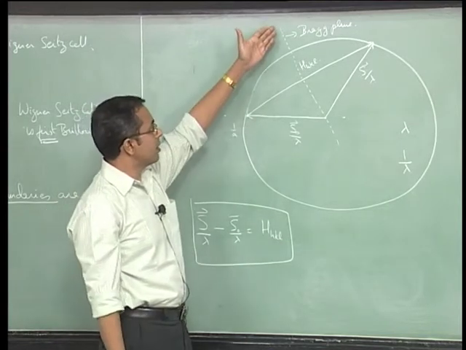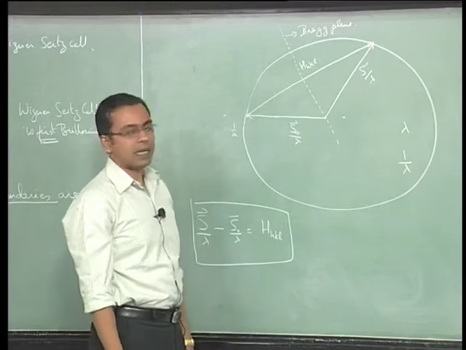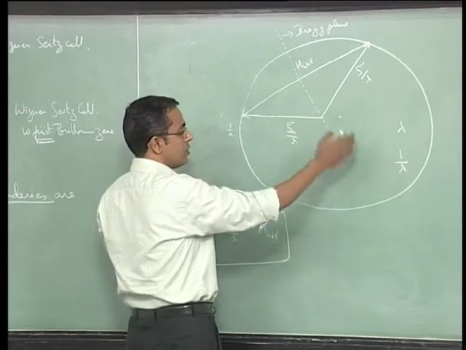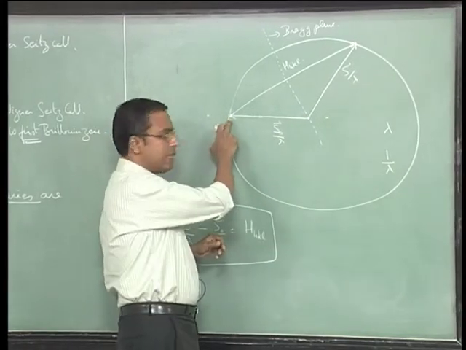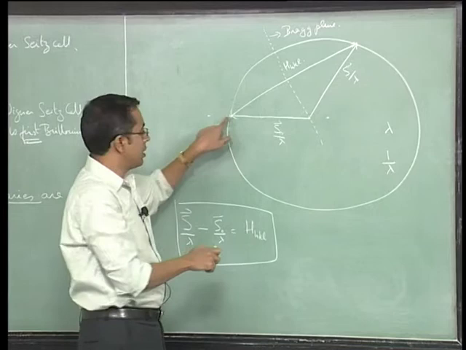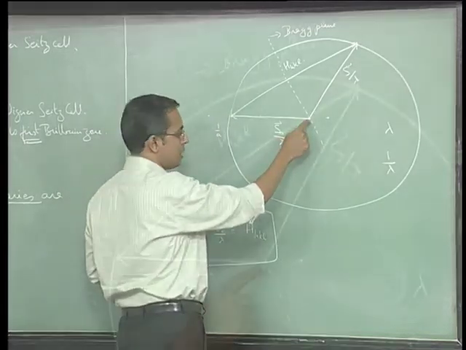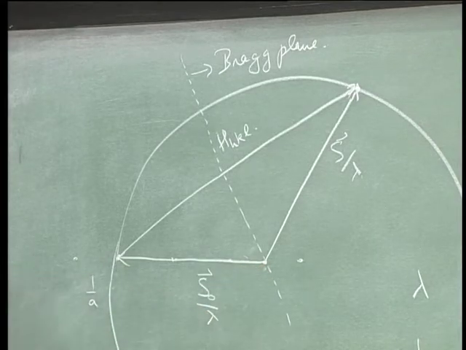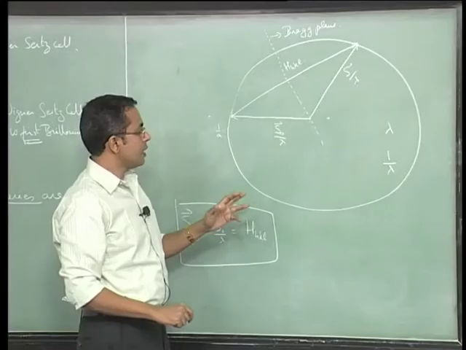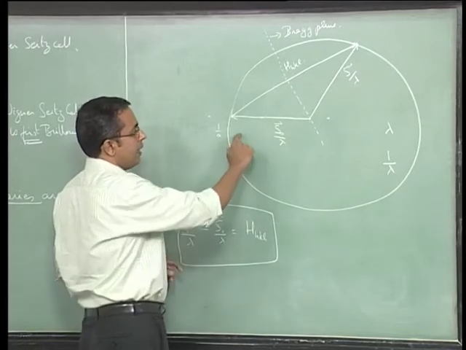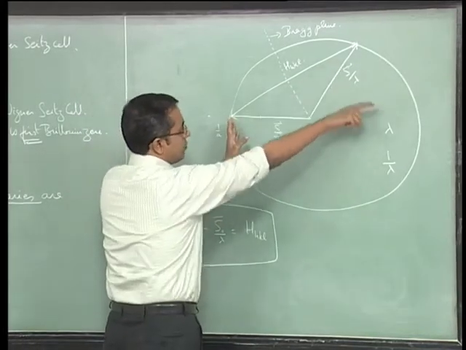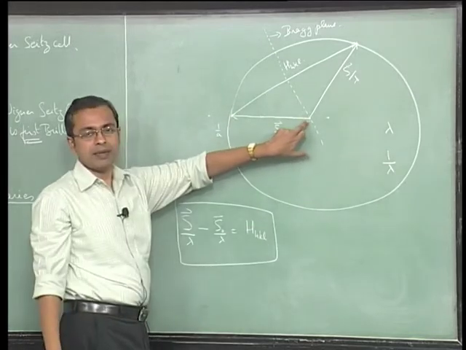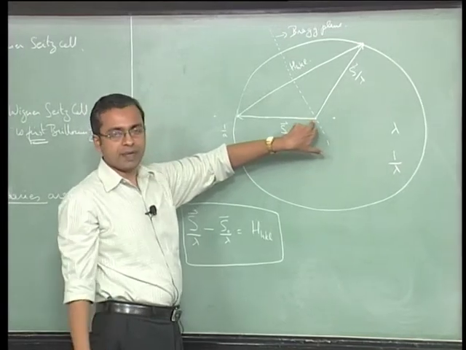So we see that a perpendicular bisector to a reciprocal lattice vector passes through this point. That is the origin of this circle, but it is not the origin of reciprocal space. The origin of reciprocal space is sitting here. So this is the origin of reciprocal space, and this is the origin of the circle. That circle is defined by the ends of the wave vectors. For this to be true, regardless of how you move this, that bisector would always have to go through this particular point, and only then are you going to have diffraction.